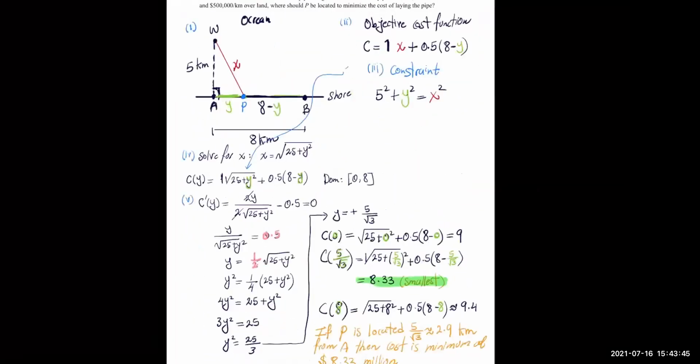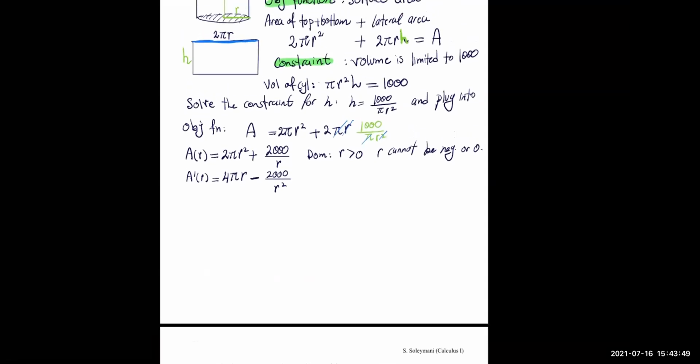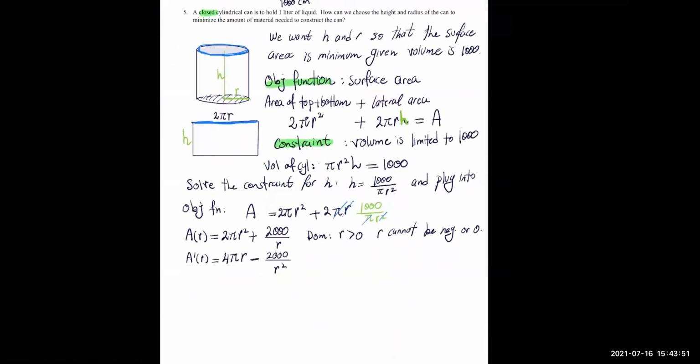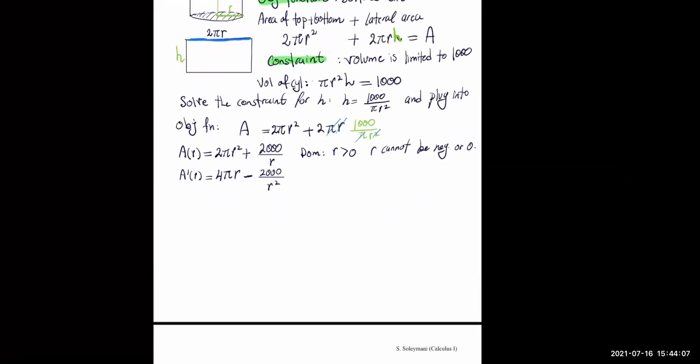But here we can't. I can't make r equal to 0 because volume is just gonna become infinite. If I put 0 here, then this thing becomes infinity and you have an infinite area. And that just makes no sense.